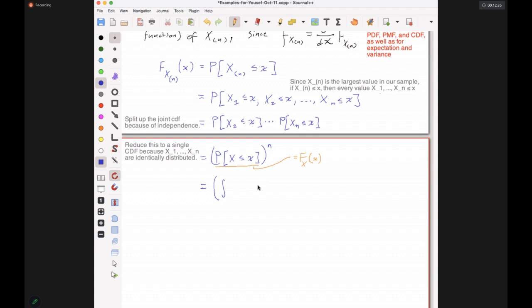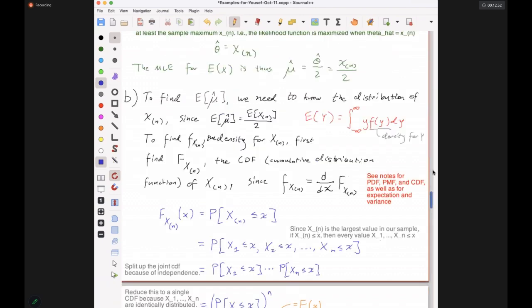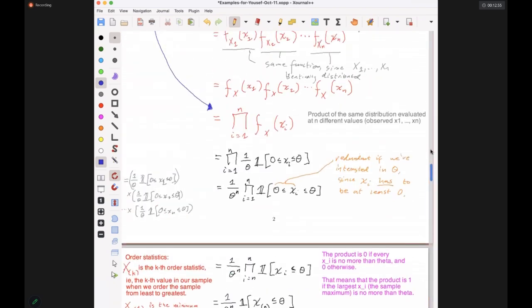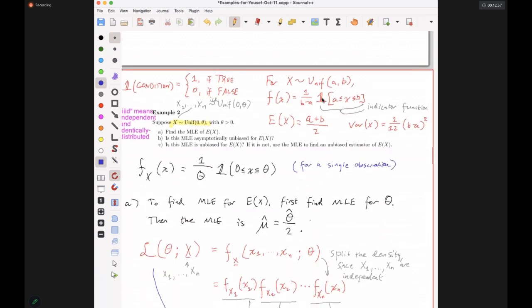We're not working with 1 to n anymore because we've simplified this into just looking at what we call the common distribution for these variables, which for us is the uniform from 0 to theta. So up here we have our density, which was, that's the general case. Here's the density for this particular distribution, 1 over theta on the interval 0 to theta.